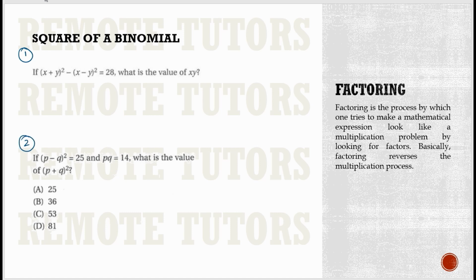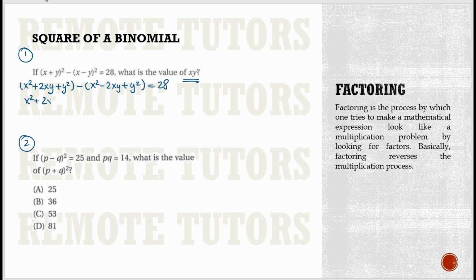Here we will solve three examples about the square of a binomial. So let's see. The first one is, what's the value of x times y? We will have to apply the formulas in order to expand each parenthesis on the left. The first one is x squared plus 2xy plus y squared, minus (x squared minus 2xy plus y squared) equals 28.